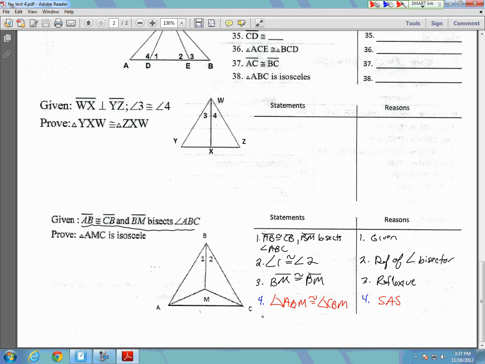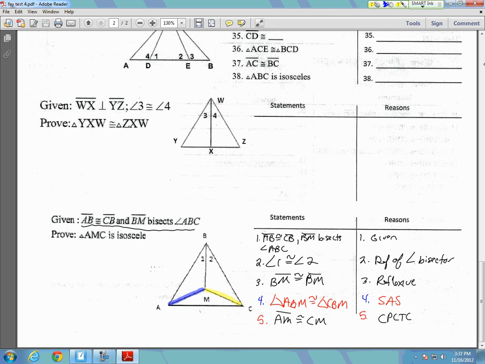Once you know that those two triangles are congruent, then you know that all the other parts of the triangle are congruent, or corresponding parts. So if that triangle on the left is congruent to the triangle on the right, you should know that those two segments are corresponding parts. So I can say AM is congruent to CM by CPCTC.